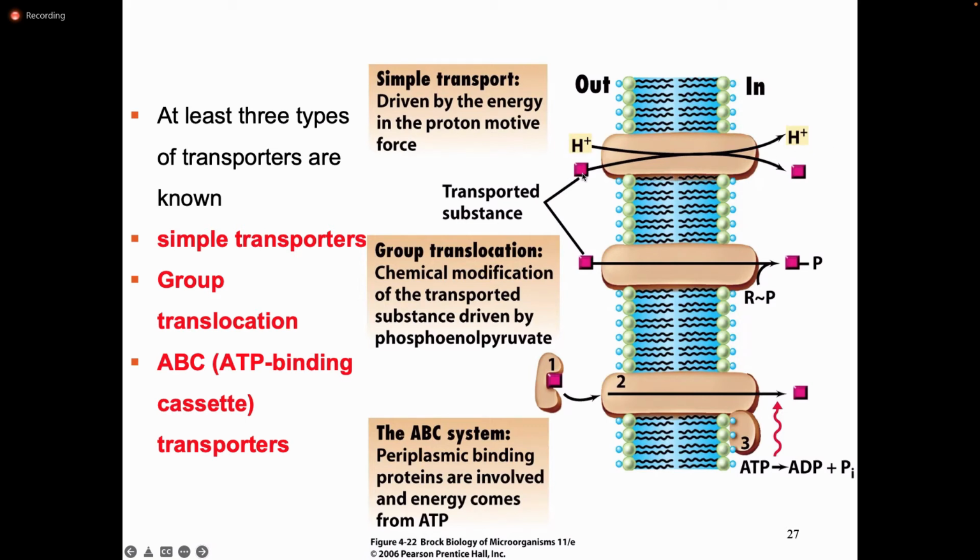This molecule is transported intact, that is, unmodified. However, group translocation is another system. In this system, the substance, when it's imported, is modified. This system is called group translocation.